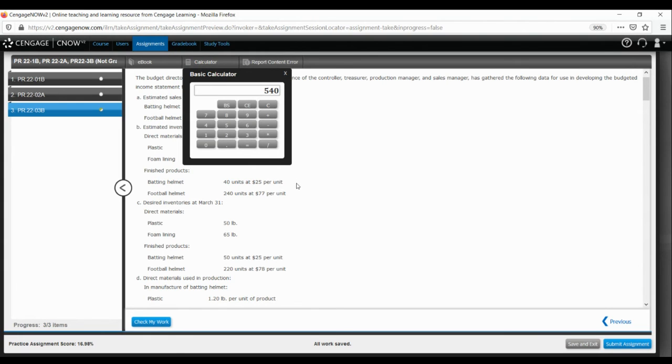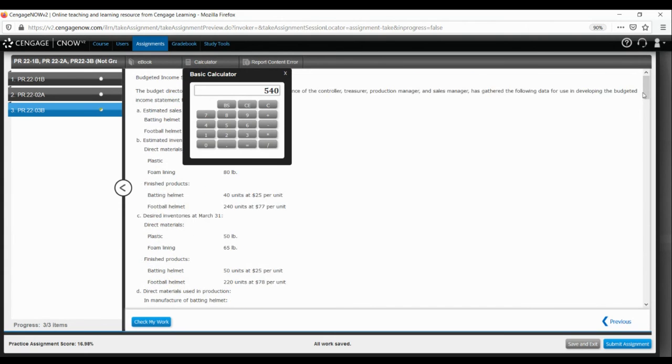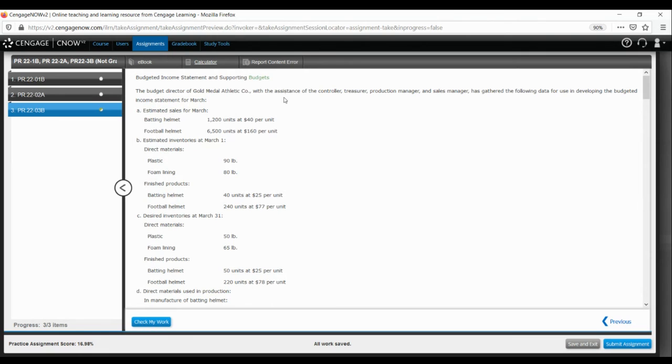You might want to write that down as the amount of the beginning inventory for the plastic.